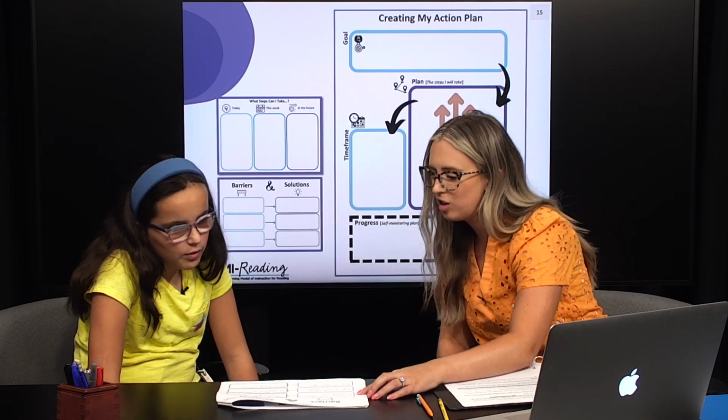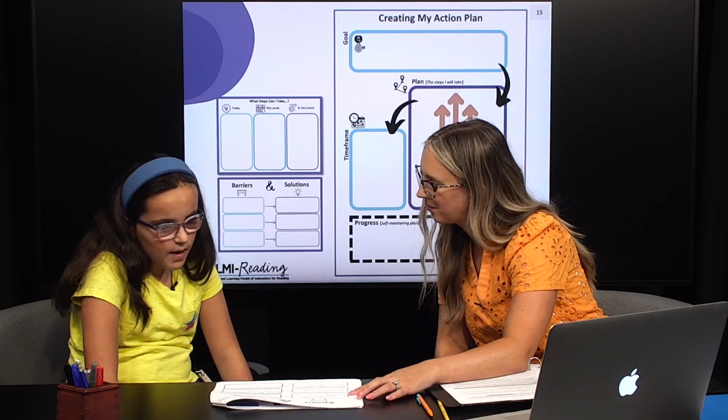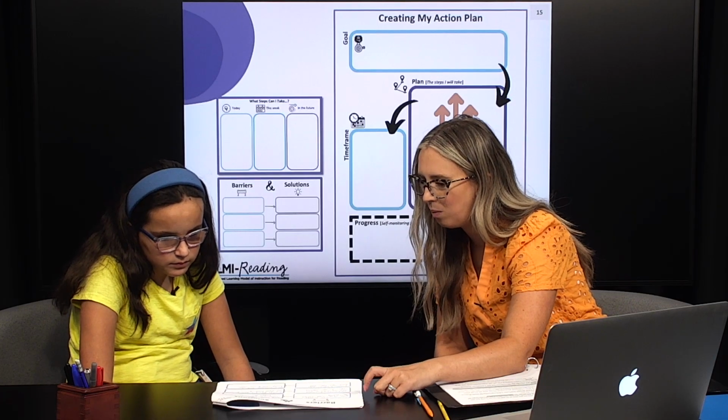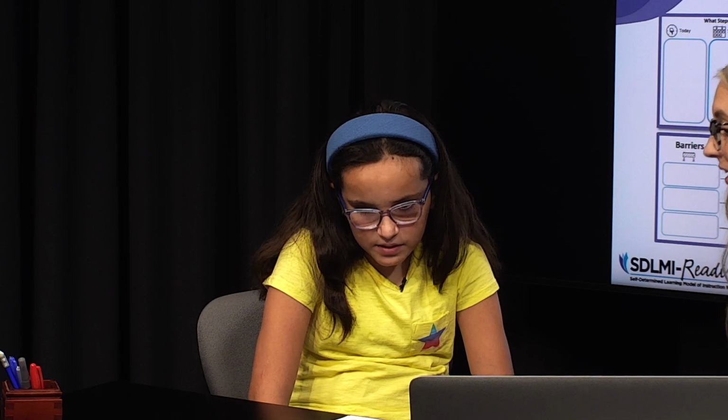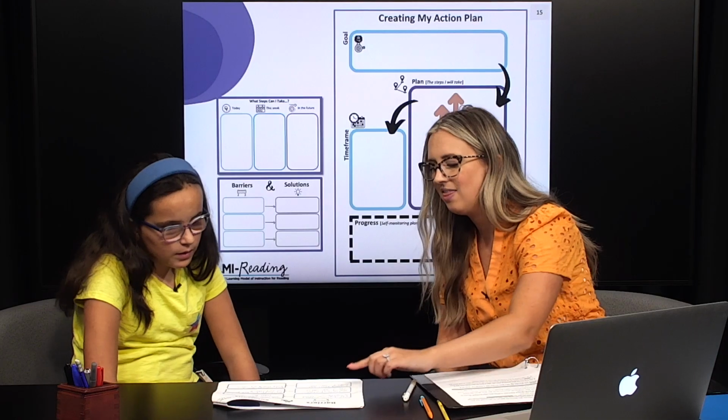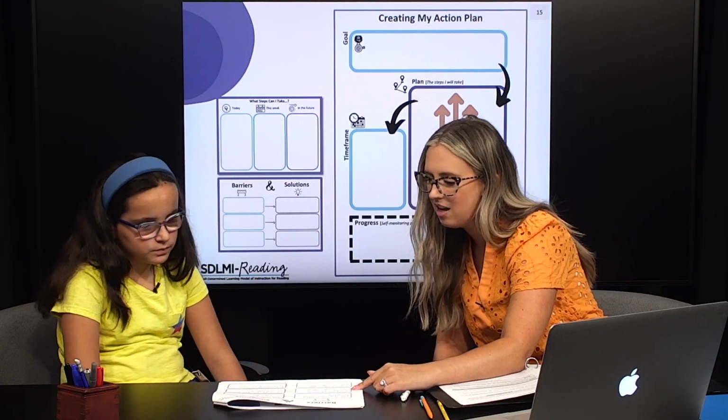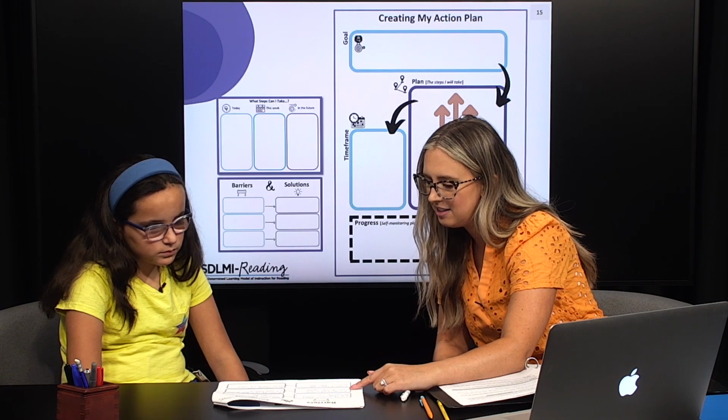So let's look at your first barrier. Having other things to do after school instead of reading. Yeah, and the solution that you came up with was to find other times to read, morning, before bed. Yeah, fantastic. And then another barrier that you might face is sometimes I cannot find the chapter book that I am reading.